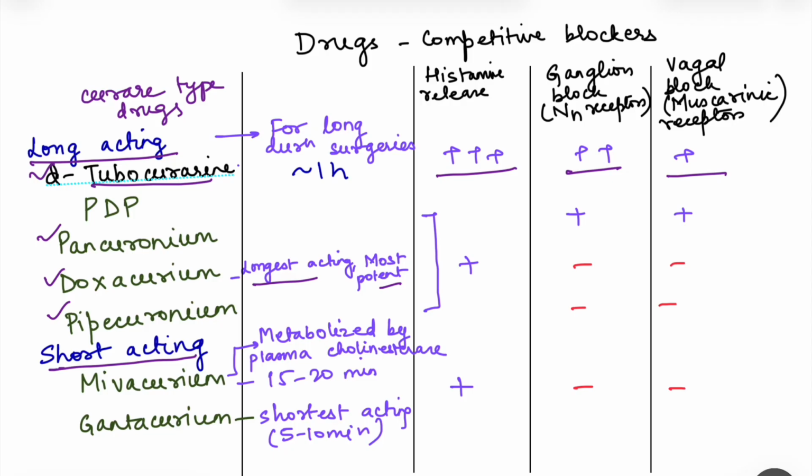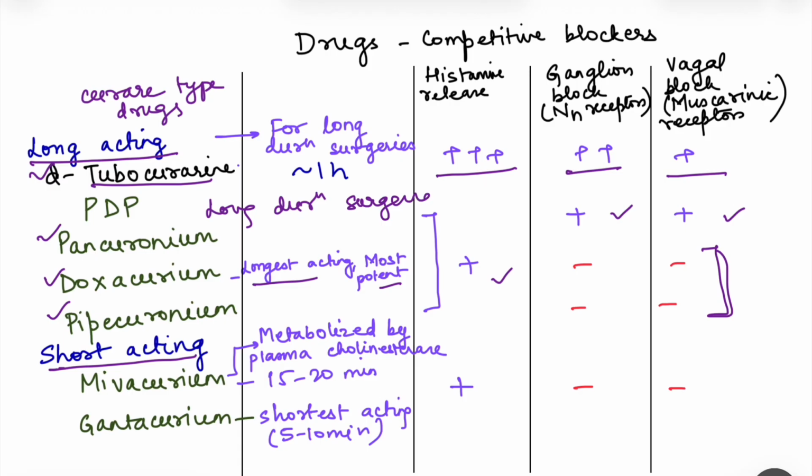Now all these drugs release histamine, but pancuronium is the only drug which causes ganglion blockade and vagal block, but the doxacurium and pipecuronium are more selective. That is, they don't act on NN receptors and muscarinic receptors, so they are not causing ganglion block and vagal block, right? Now, because these drugs are long acting, obviously they will be used for long duration surgeries, right?